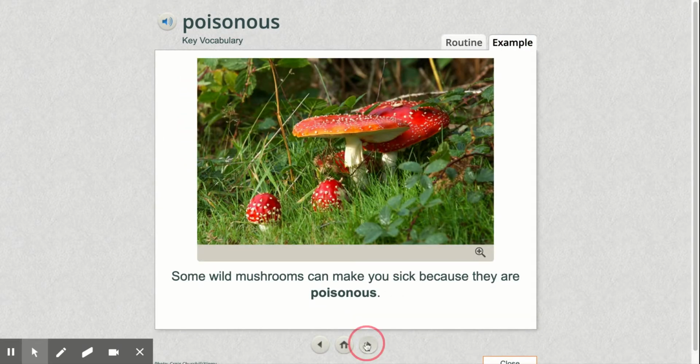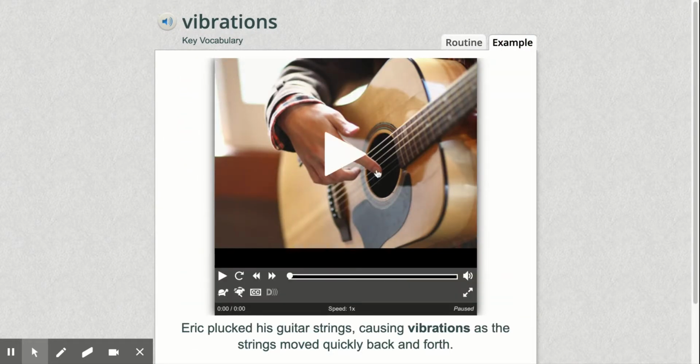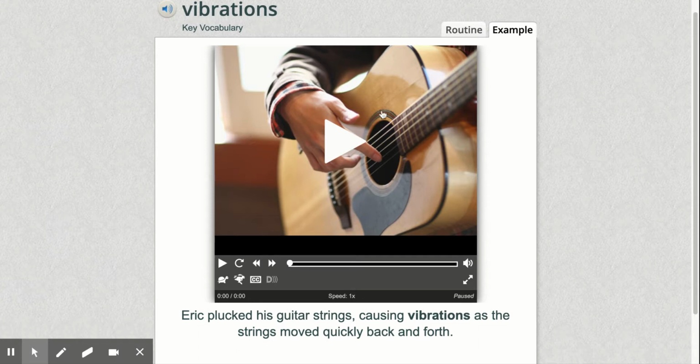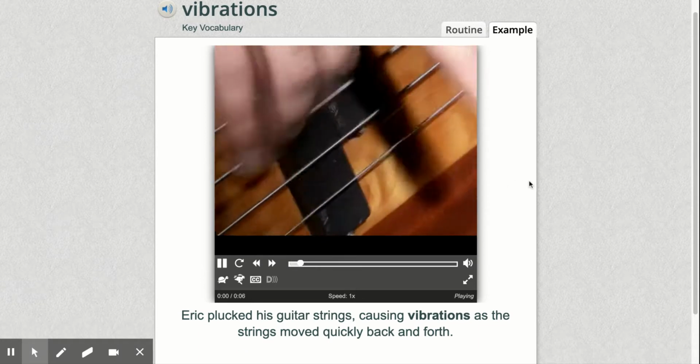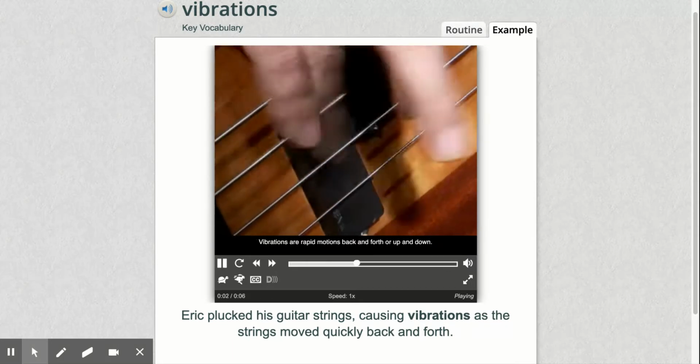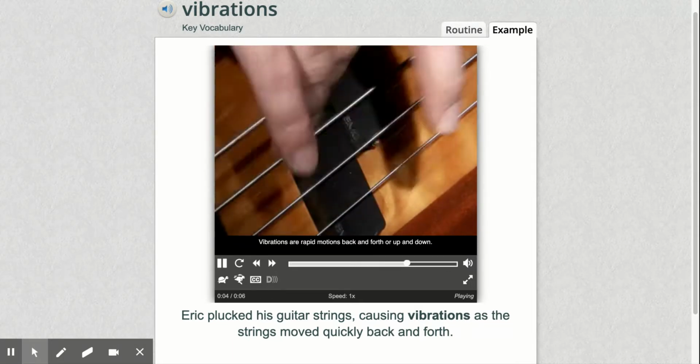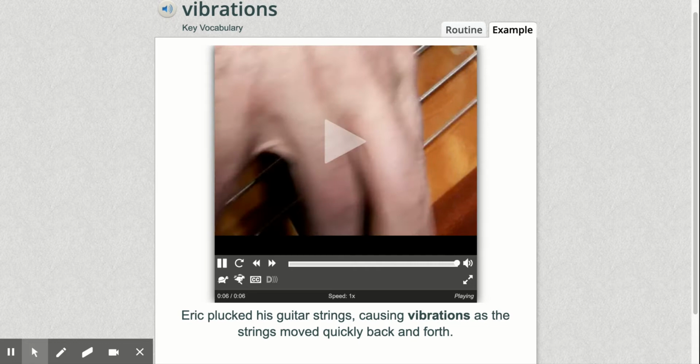Our next word is vibrations. Let's watch this video to see how vibrations go with a guitar. Vibrations. Vibrations are rapid motions back and forth or up and down. Something that vibrates makes a sudden movement. Your phone vibrates.